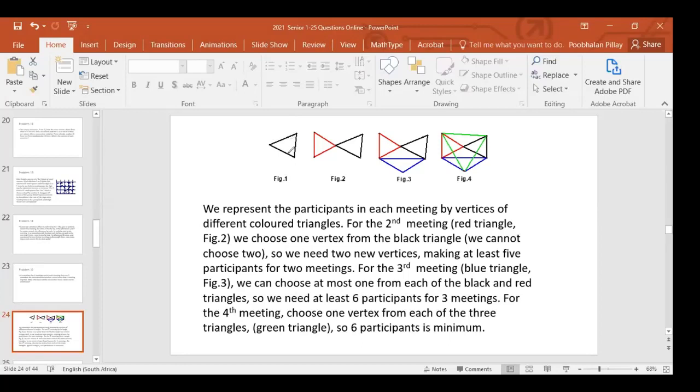This is the first meeting in black. Right. Now in the second meeting, you have the first meeting. The second meeting is now in red. And you want to have the least number of people. So you must choose at least 1 from here so that you don't have too many people altogether. So you'll choose 1 from the previous committee, but now you can't choose another one from here. So you have 2 new people.